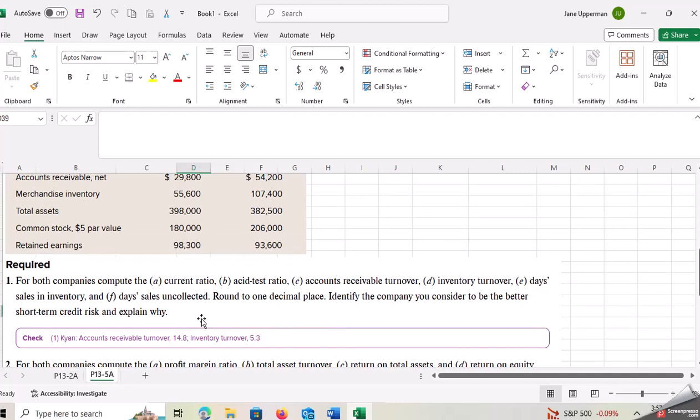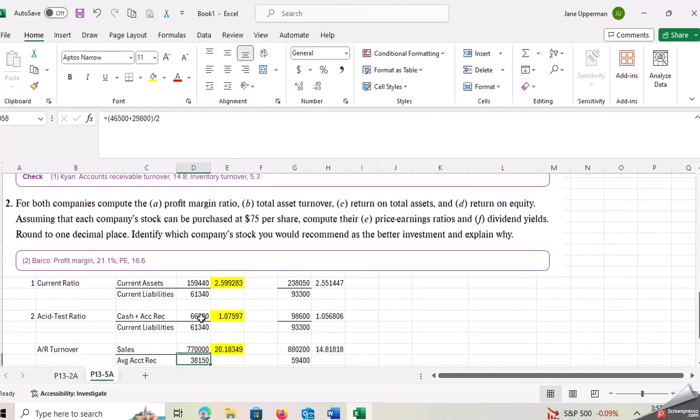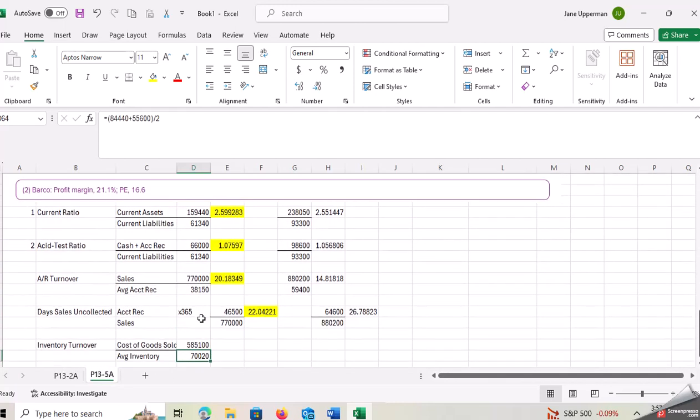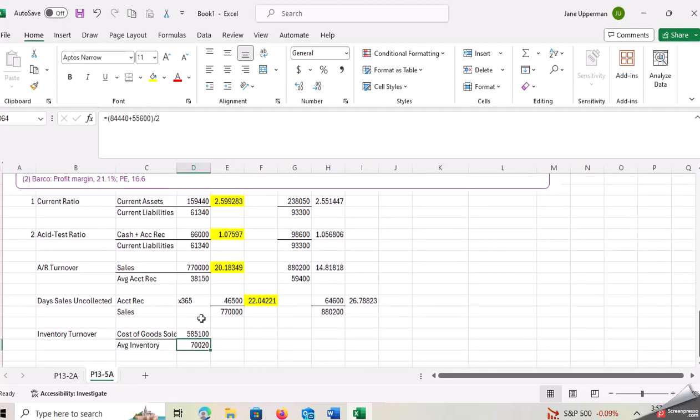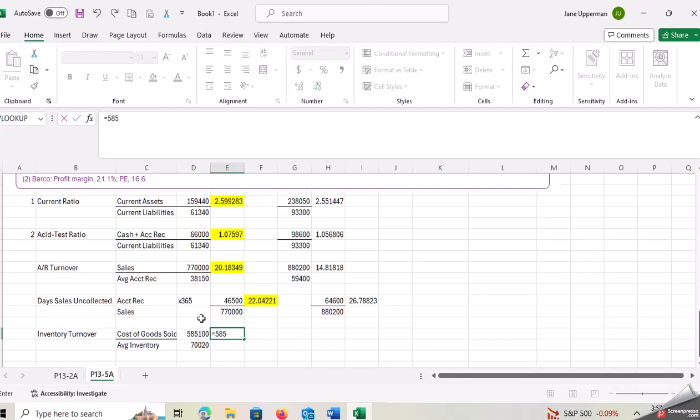Yeah, okay. So we'll add those two together and divide by 2 to get the average, and that calculates out to be 70,200. And then we'll do the math: 585,100 divided by 70,020 gives us 8.35 times. And this is one, again, where the higher the better.